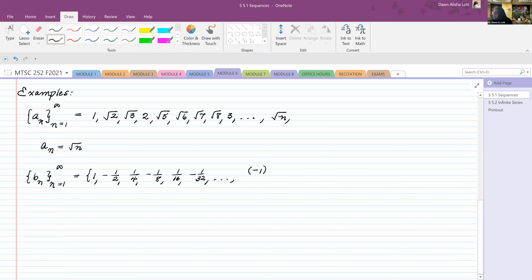Now I need to see, is the first term going to work? So it's 1, but -1 to the first power would be negative. So it has to be -1 to the n minus 1. Now that works. And then it is divided by 2 to the n minus 1. So now we know b_n is (-1)^(n-1) over 2^(n-1).